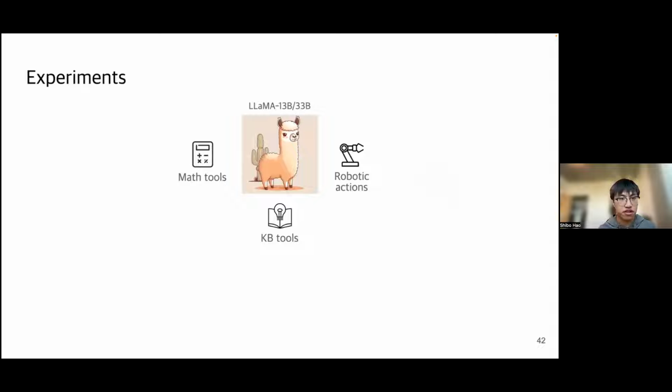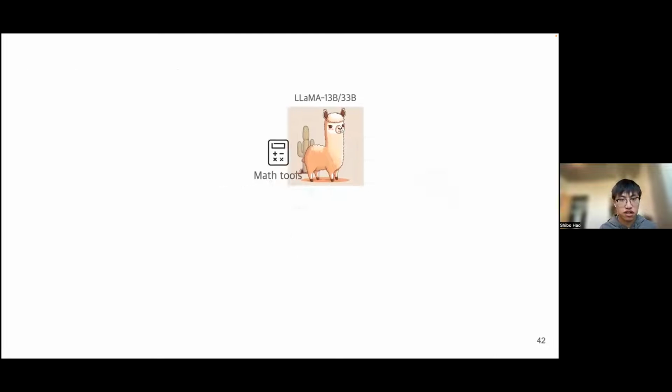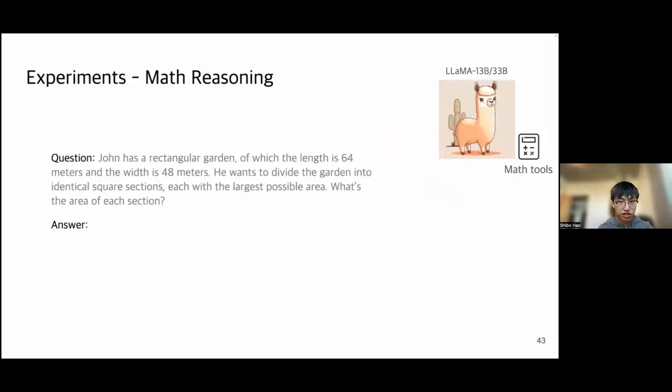Okay, so here comes the experiment. We equipped Llama models with different types of tools: math, knowledge base, and robotic actions. For mathematical problems, ToolkenGPT is equipped with a few math operators. And here's a quick review of how the solution is generated. It's the same example we've seen a few slides ago.